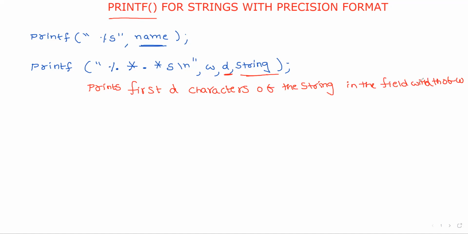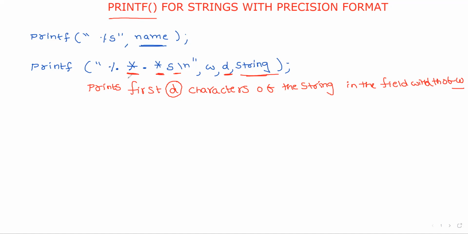That means a total width of w is allocated for printing, and in that width it prints only d characters from the string. The first star is for w, the second star is for d, and s represents the string.